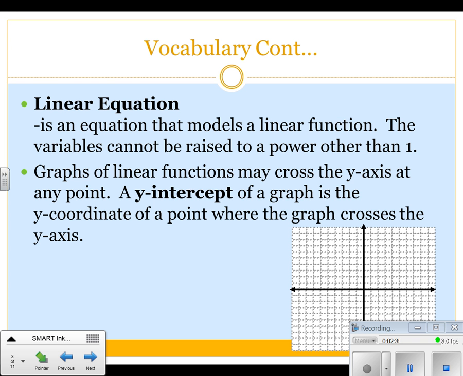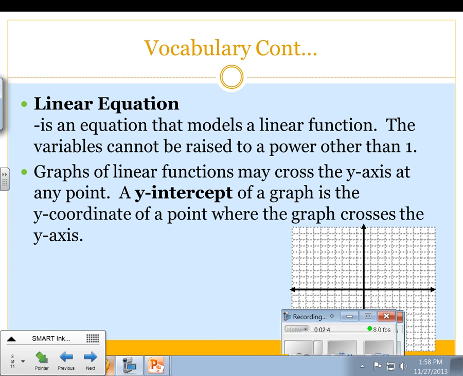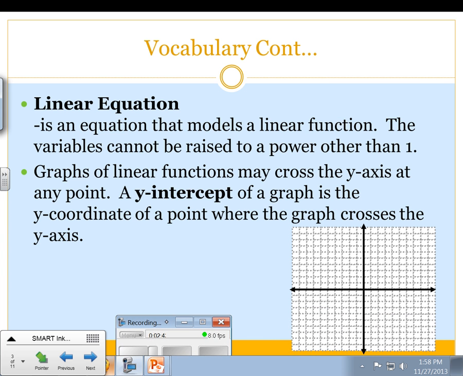So if we look at this coordinate plane here, and if I wanted to graph something like this line here, it should be a straight line. There's a linear function.